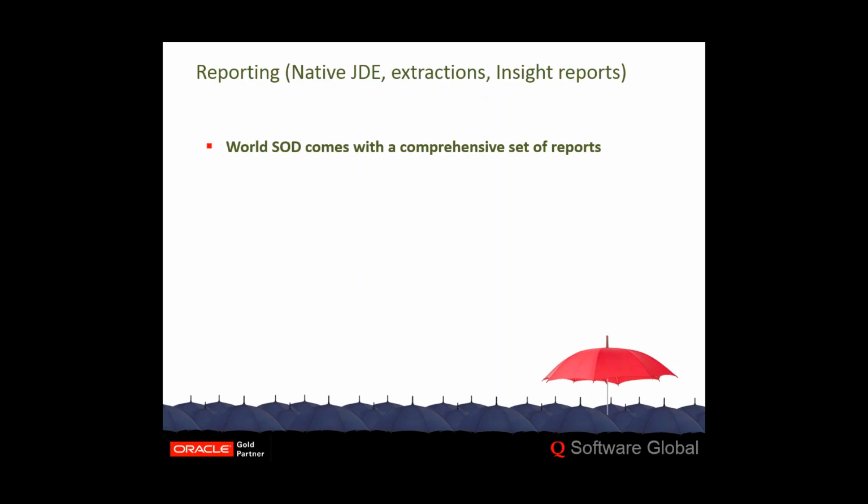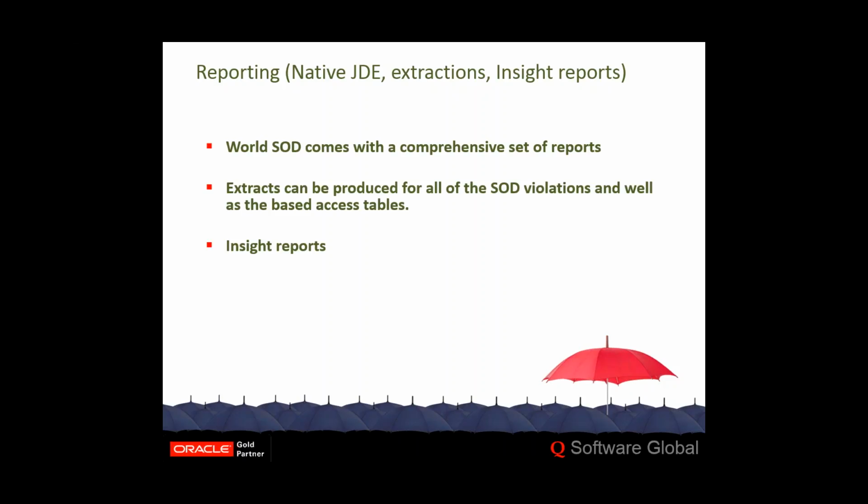And the application, as you saw, comes with a pretty comprehensive set of reports on that right-hand side of the screen. And we can do extract. So as I said, if you're using Cognos or BI Publisher, that's the Oracle BI reporting tool, or Excel, or whatever it is to export your data, you can do that.